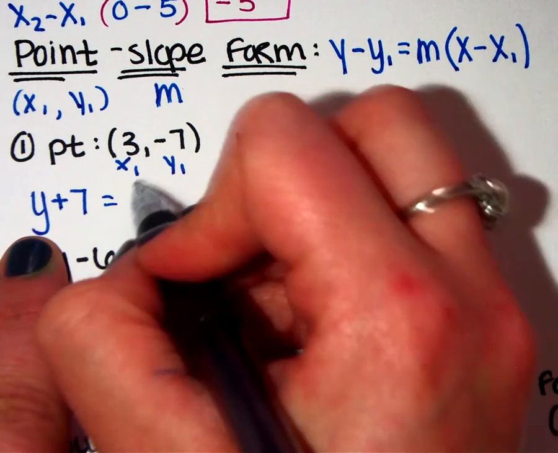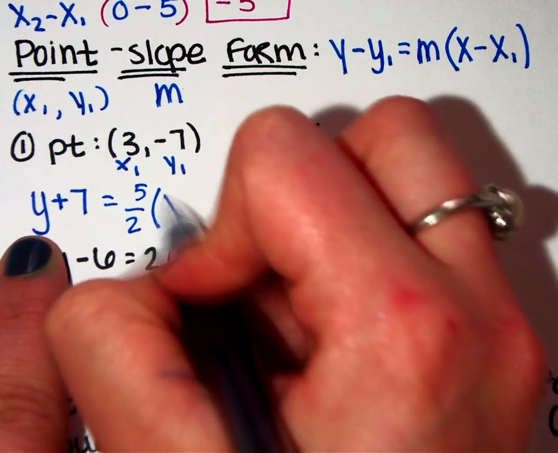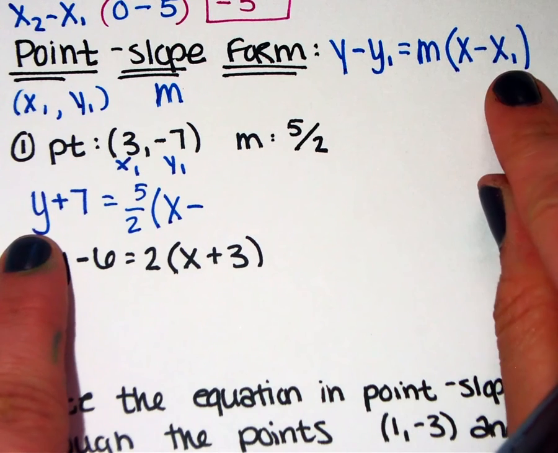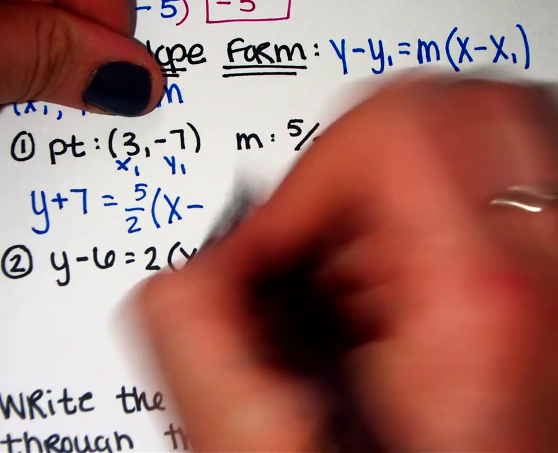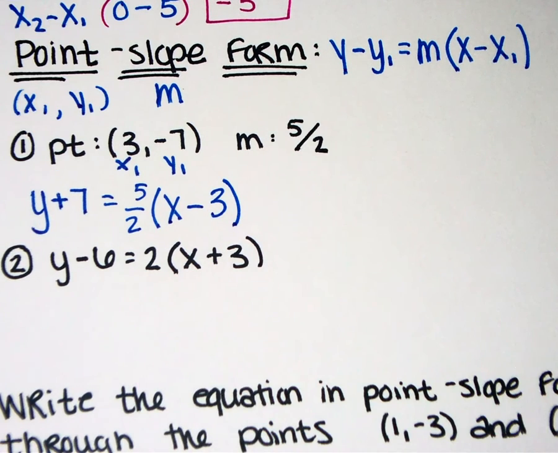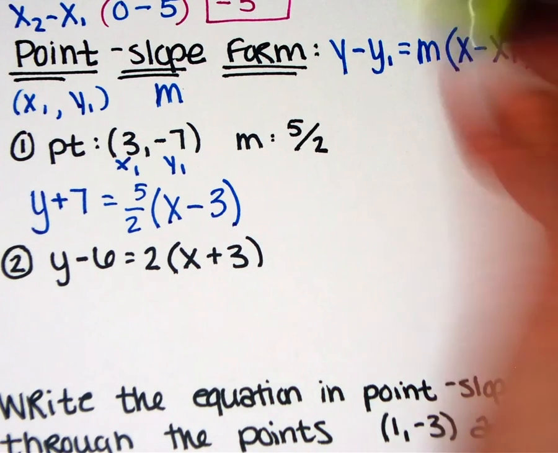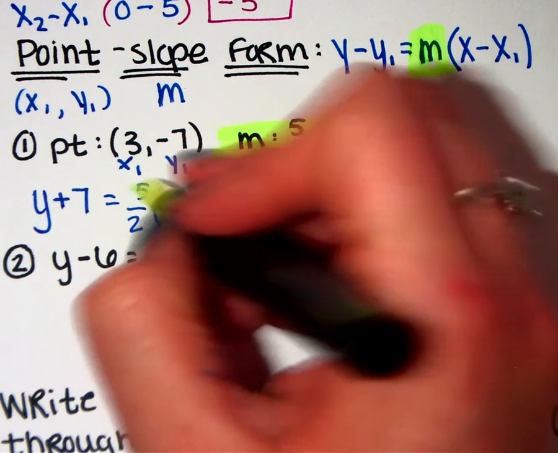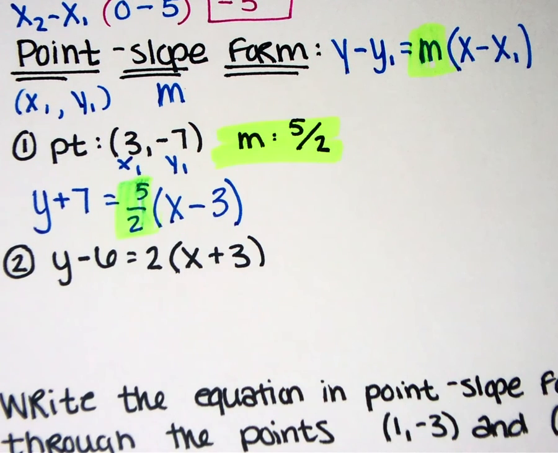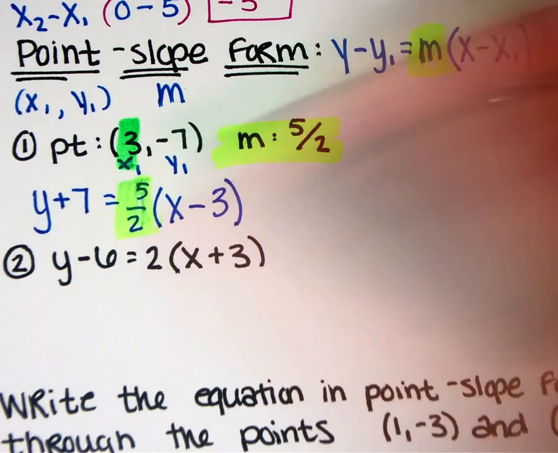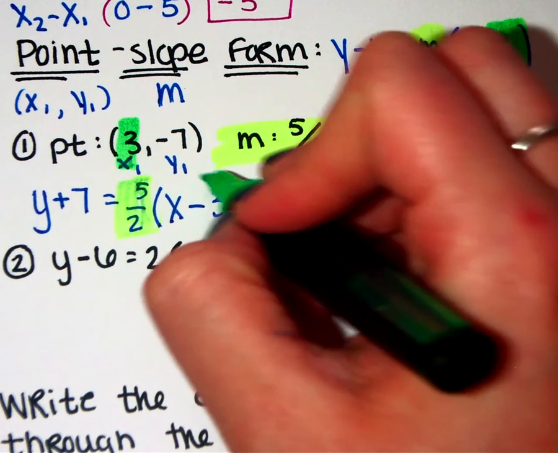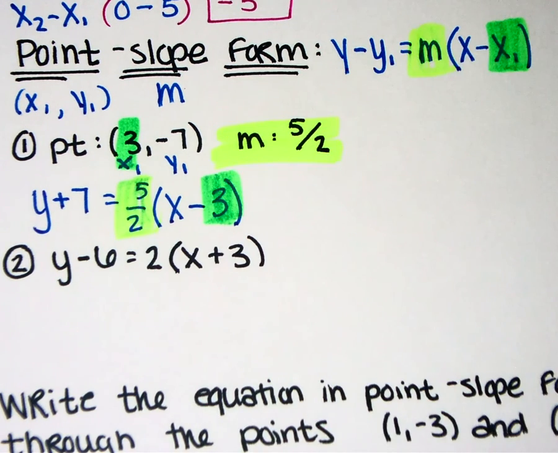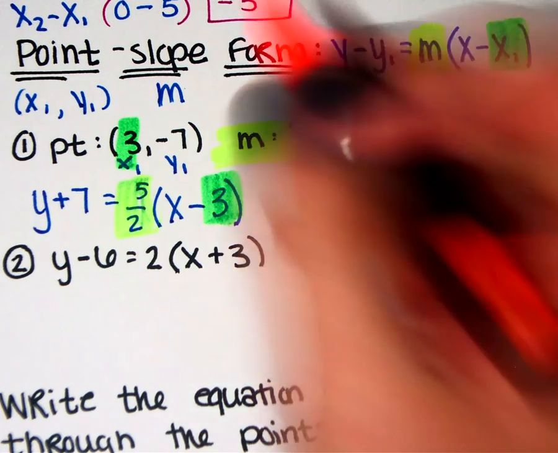The m is still 5/2, x minus, and my x1 value is 3. So all you're doing is you're taking the slope and plugging it in for m. Then you're taking your x1 value, which is 3, and subbing it in where you see x1. You're doing the same thing for y1.